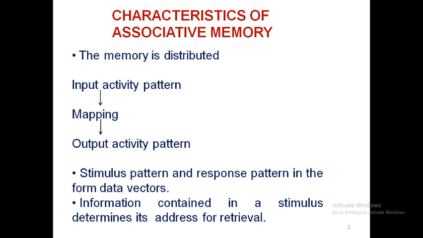Here his appearance, that student's pattern, is the input to the human brain. Then it recollects with that association. It does not go directly to a particular address; it goes through the association: in which year, in which university, which class or which branch. Maybe in the class he was sitting at the last or in the front, or on the right side or left side. All these are the associations.